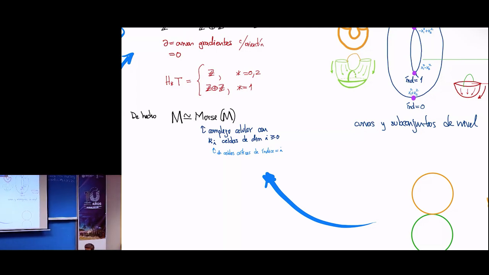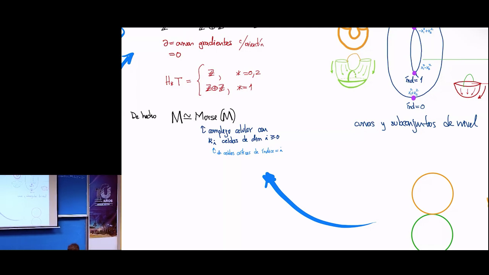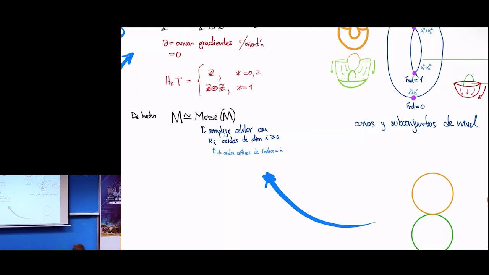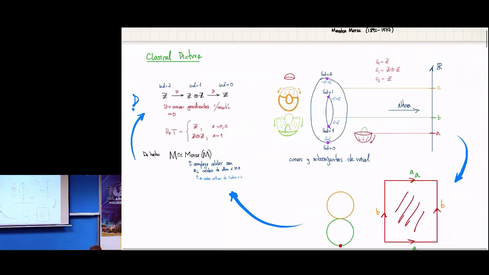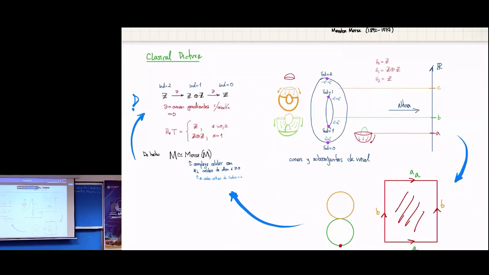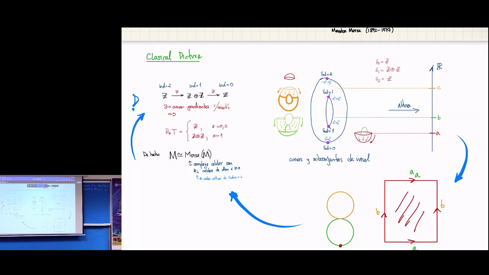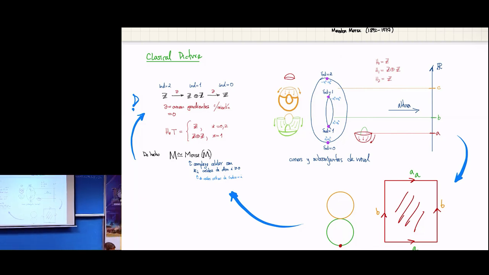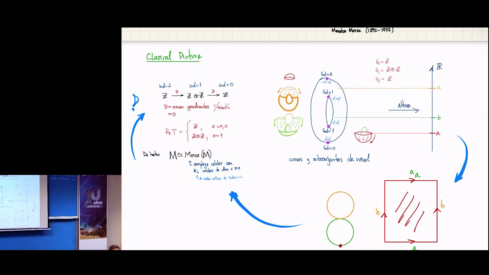Because of the homology, you cannot have anything else because the ranks will not match. All right, so this is basically the whole idea that is used in the classical setting, at least what we are going to be extracting for the purposes of defining and using the discrete version of this thing.